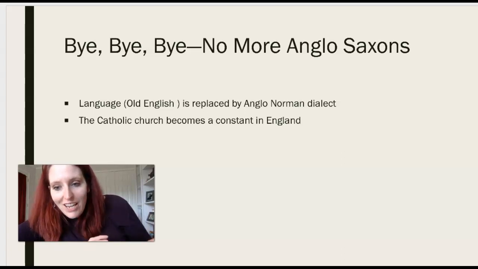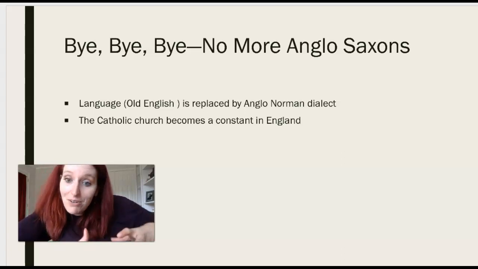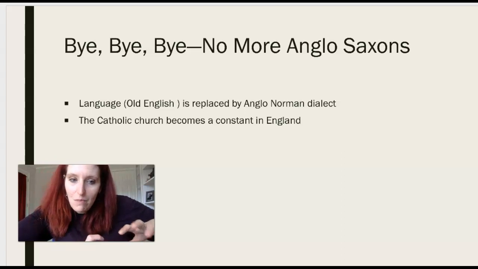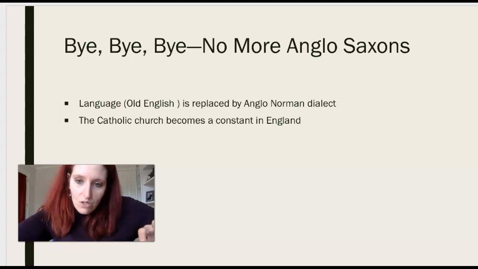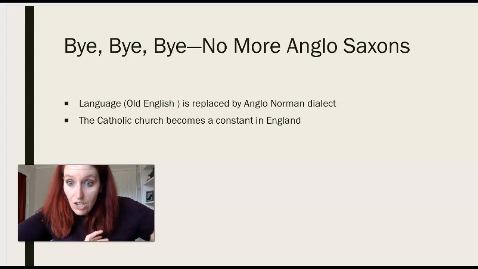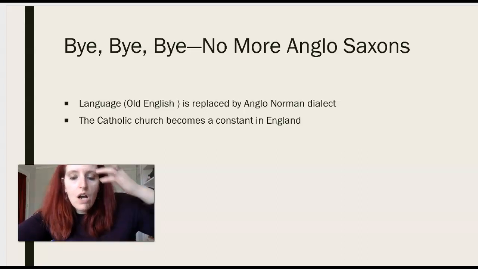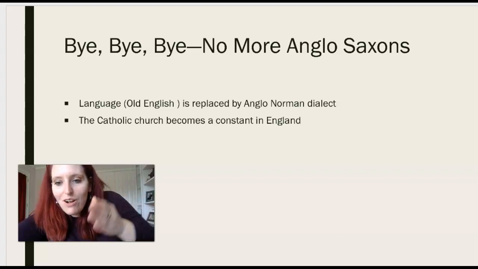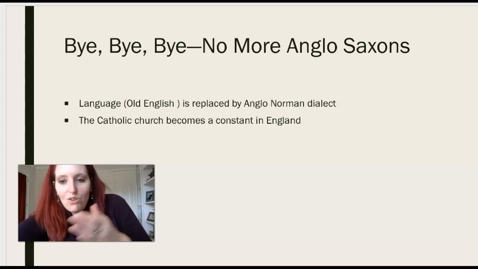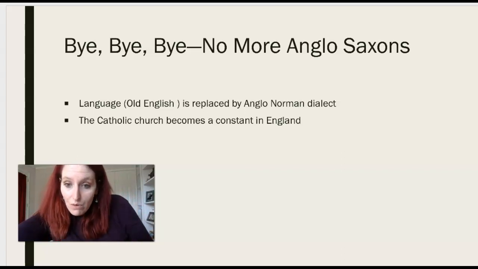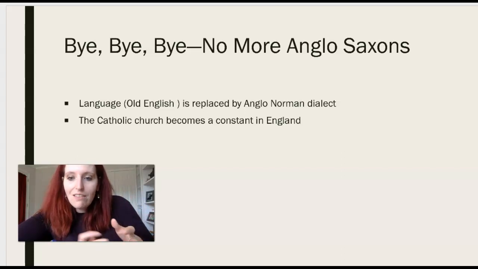And when you change the language, the politics change, the social structure changes, society changes. Really, when you have that shift in language, values change. So we'll see as we move from the Anglo-Saxon poems to Sir Gawain and the Green Knight the differences between the languages and how it evolves into what looks like modern day English.